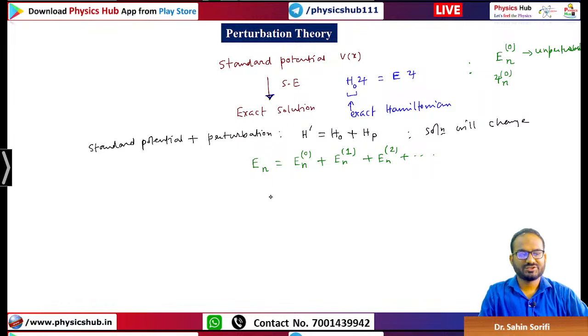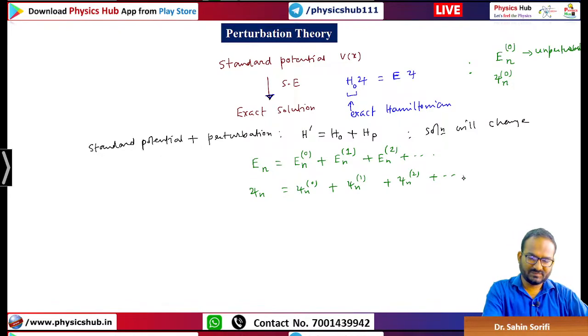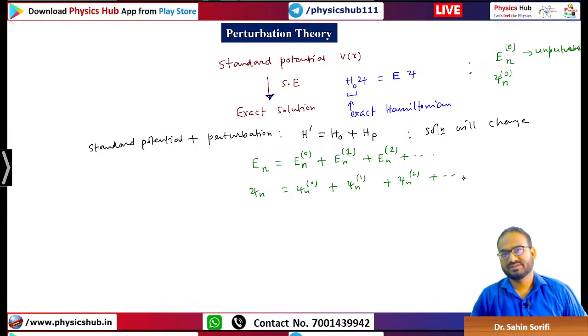In a similar fashion, psi n will also be changed: psi n 0 plus the first order correction in the wave function, second order correction in the wave function and so on. Okay, is the basic thing clear? We will talk about the theory in detail, but for the time being, this is the basic thing. Is it clear?